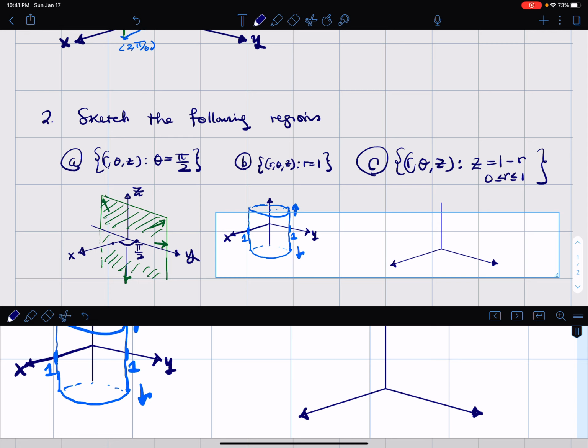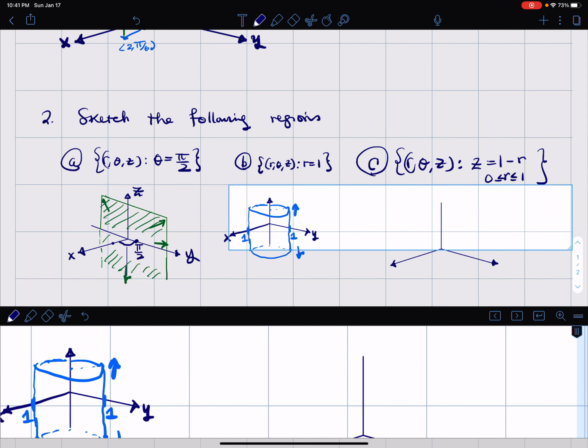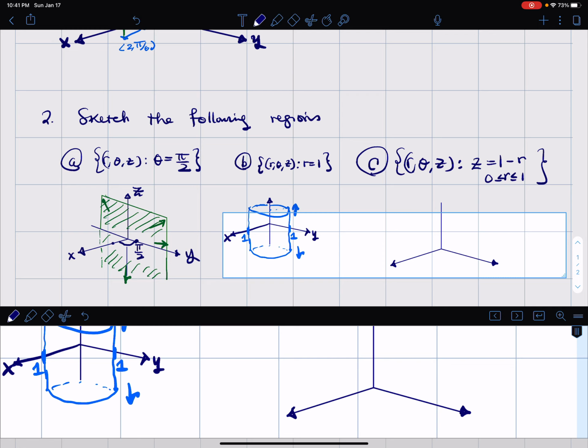When z is equal to 0, r is equal to 1. So when z is 0, we have a circle of radius 1. Now when z is, say, 0.5, what do we have? We have a circle of radius 0.5.